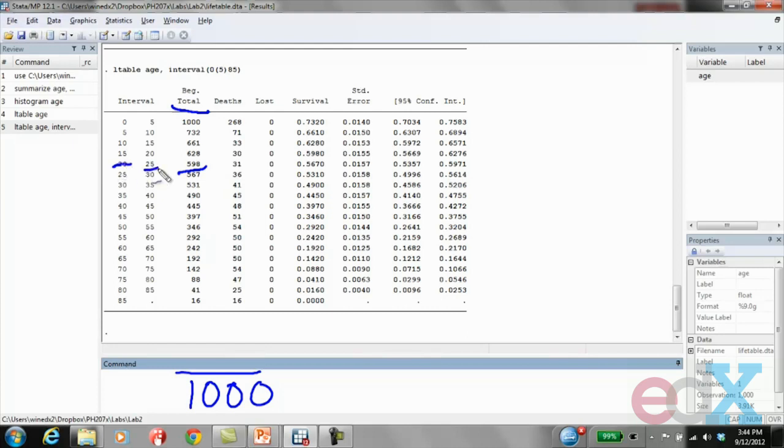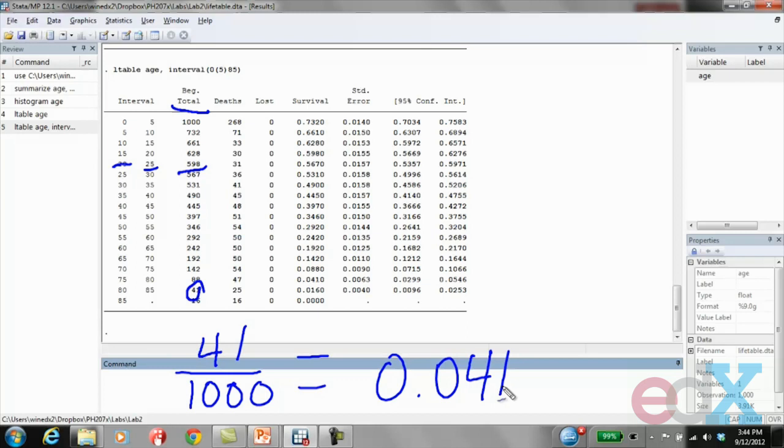What that means is that 598 people made it to at least age 20. We're looking at age 80, so we see that 41 people made it to at least age 80. So that goes up top, and we can use our calculator to find out that that value is 0.041. So the chance of surviving from birth until age 80 in this cohort is 4.1%.